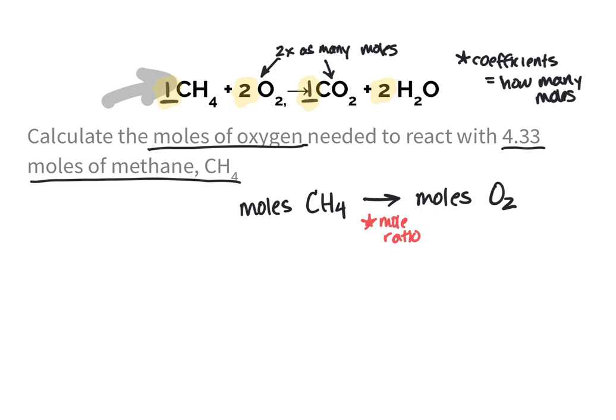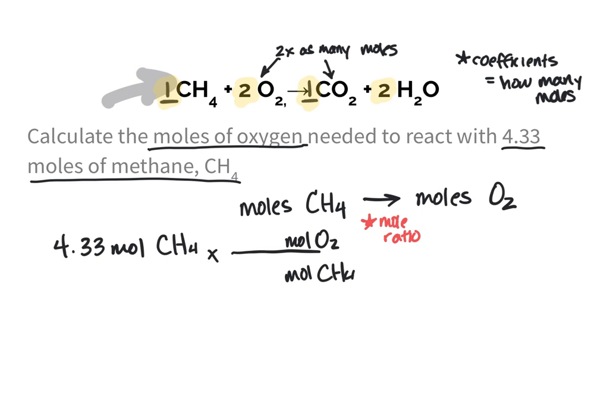Okay, so let me show you how to set this up. We start with our 4.33 moles of methane, and I'm trying to go from moles of methane into moles of oxygen. So I'm just going to erase this and get this out of the way here.